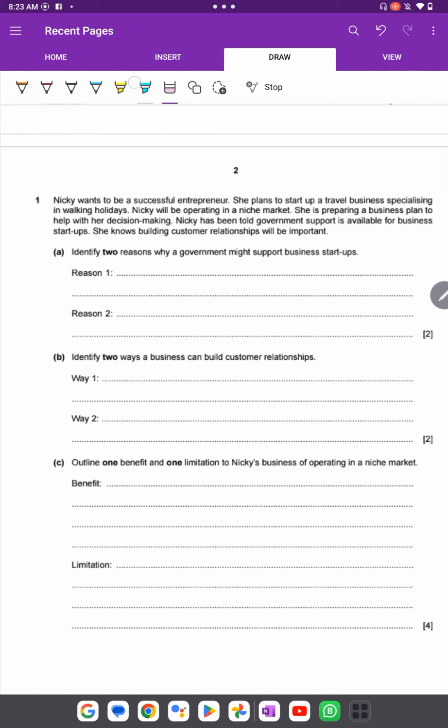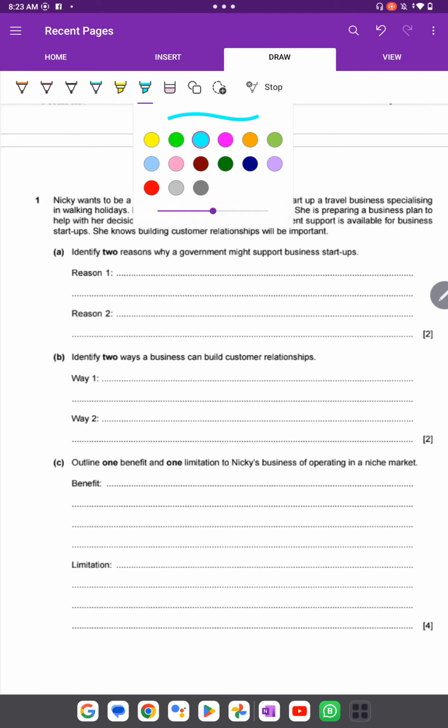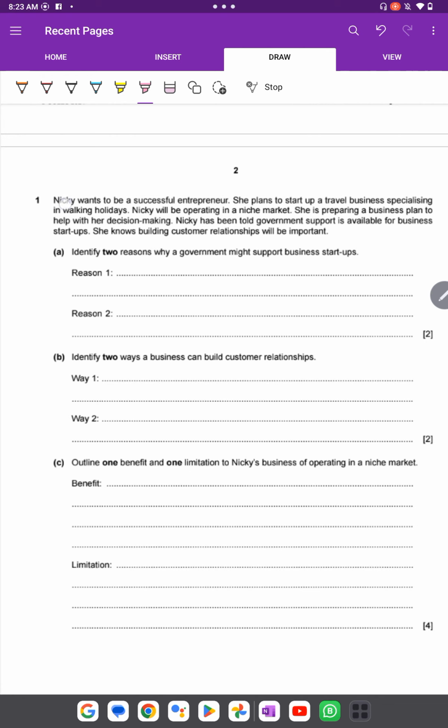So first of all, I think we should read the case study. Okay, so Nikki wants to be a successful entrepreneur, and she plans to start up a travel business specializing in working holidays. So we know that for becoming a successful entrepreneur, an entrepreneur should possess some kind of qualities within her or his self.